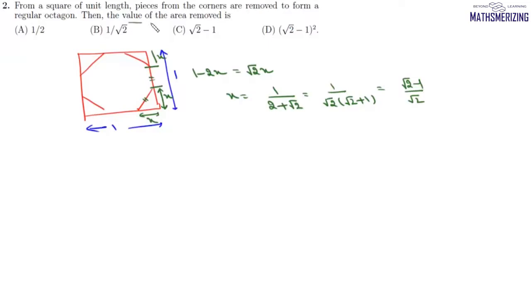We need to find the value of the area removed. The area removed will be 4 times the area of this triangle. It will be simply 1 by 2 into x square, which is root 2 minus 1 square upon 2. Now this 4 will cancel with the 2, so this value will be simply root 2 minus 1 square, and that's your option D.